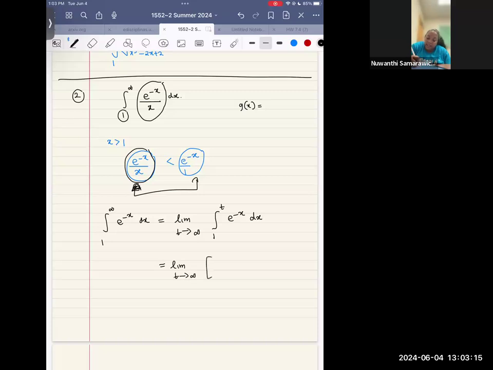It is e to the power negative x divided by negative 1, because of this negative x, with the limits 1 to t.